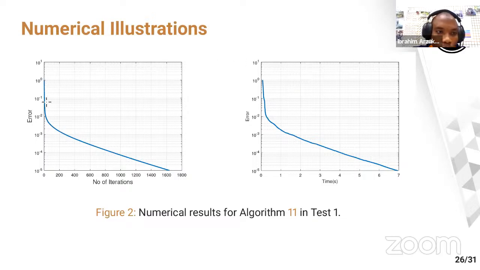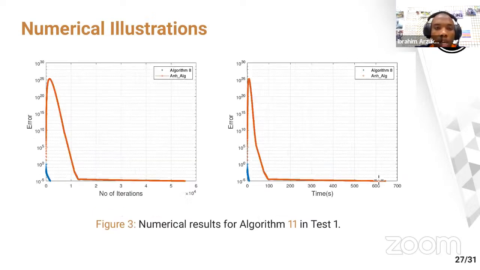We compute error against the number of iterations, and here we show error against the time needed to show the convergence. It takes about a second to converge. Here we show our results compared to the result of AN. You see the blue one converges faster than the result of AN.